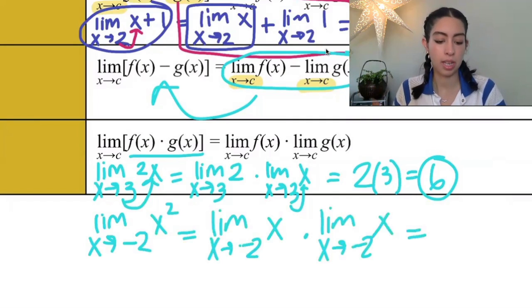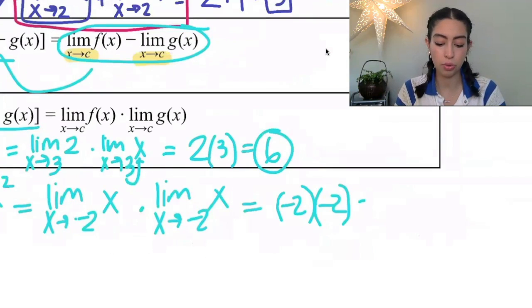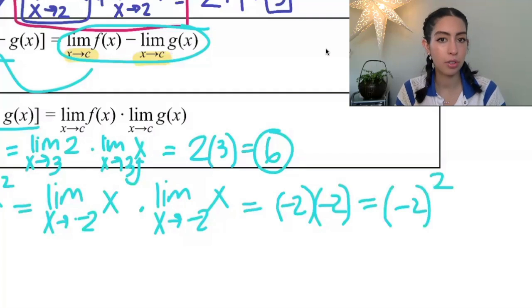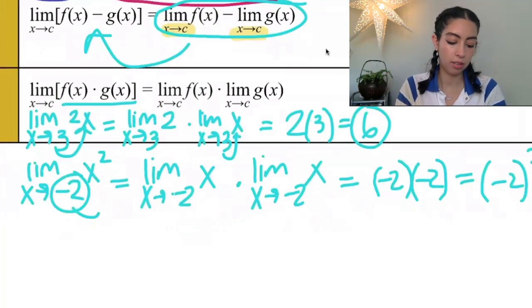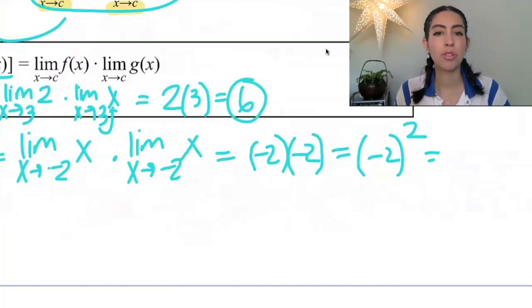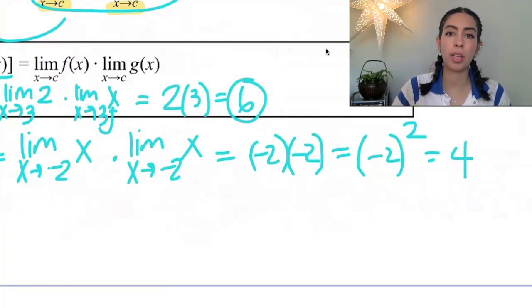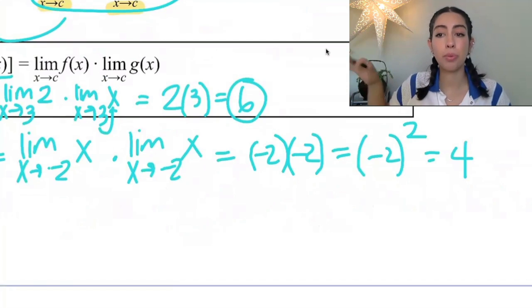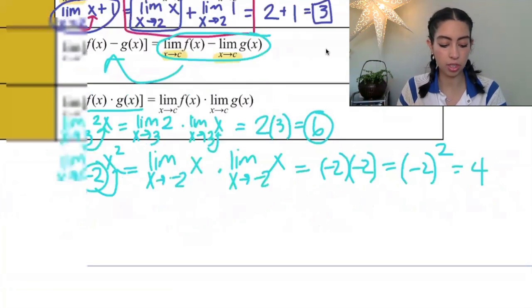And of course, that's just going to be -2 times -2, which is the same thing as -2 squared. As if you had just done direct substitution from the beginning and squared that, and you would get 4. So that's just another example to show how this product property is applied when we do direct substitution into polynomials and all different kinds of functions.